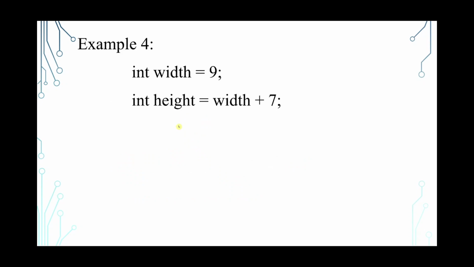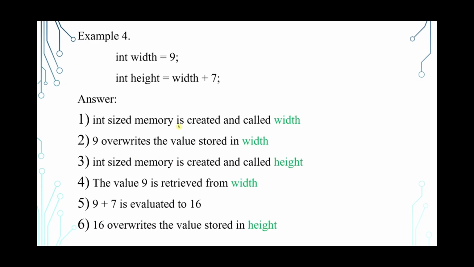Now int width = 9, int height = width + 7. There would be 6 steps. The first is creating width of type int, the second is overwriting it with 9. Third, an int-sized height is created of type int.